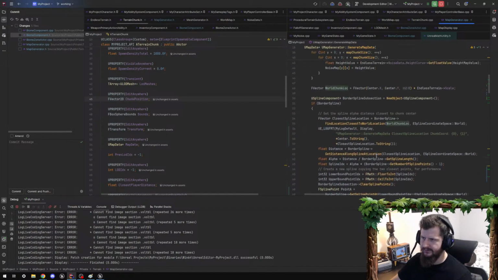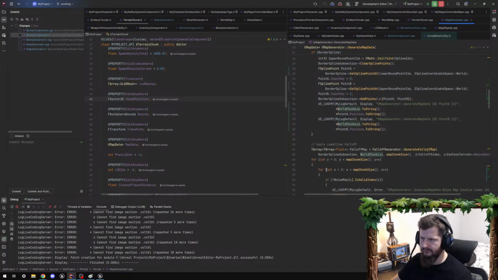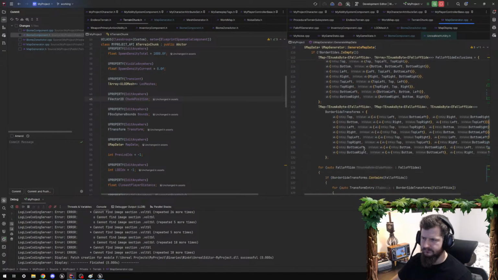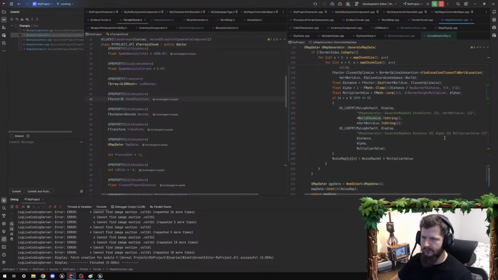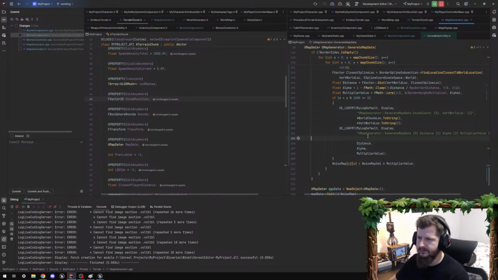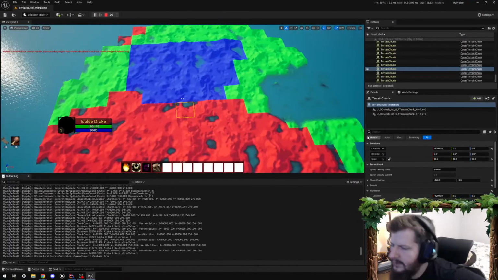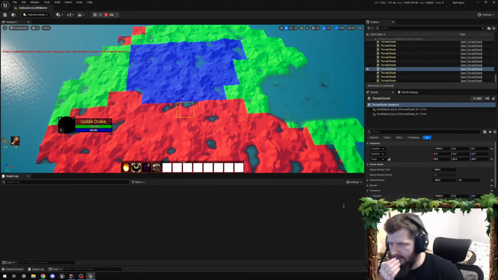And then yeah, let's just log the world chunk location for this one too. And I just need to do one more. Distance, and then this needs to log the world chunk location dot to string. Okay. Rerun all that. We'll run it again, and then we can actually read our logs.